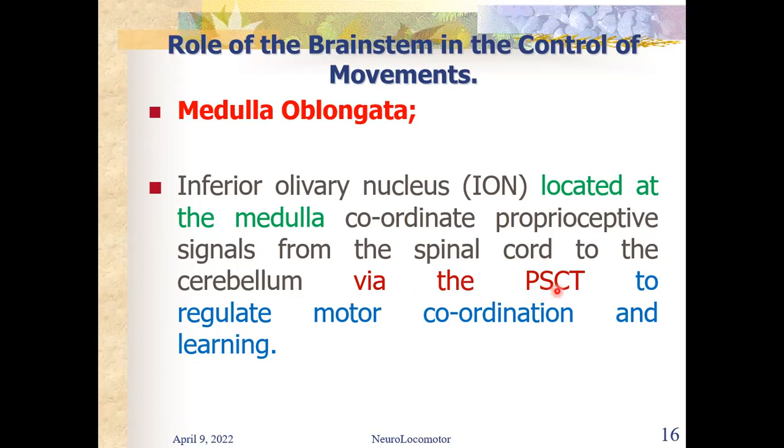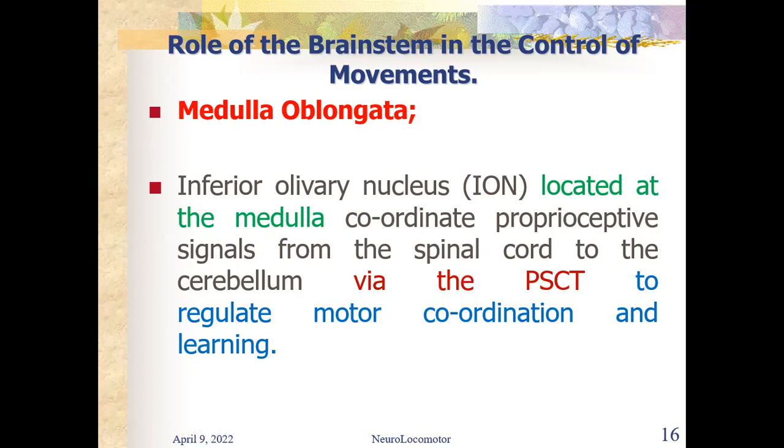The posterior spinocerebellar tract passes through the inferior olivary nucleus in the medulla before it enters the cerebellum. The function of that tract is to regulate motor coordination and motor learning, because it terminates in the spinocerebellum. So the inferior olivary nucleus is located in the medulla.